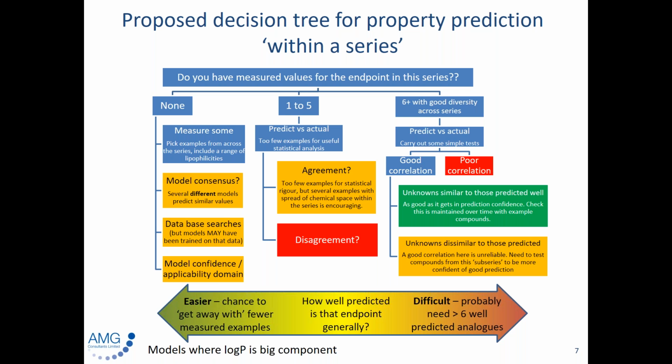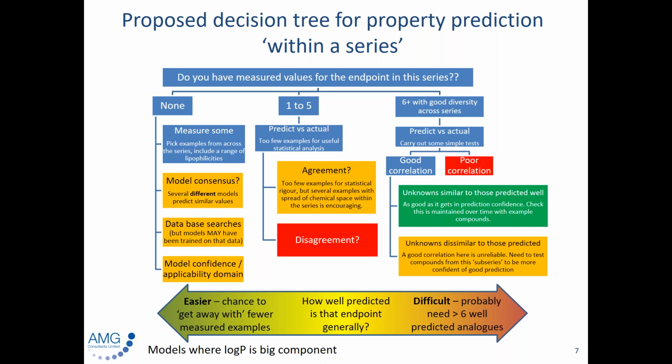All of this is another dimension to think about, which is to do with how well that endpoint is generally predicted. So for example, you'll see an example of plasma protein binding, which is probably not as difficult to predict as microsomal or any other type of clearance.